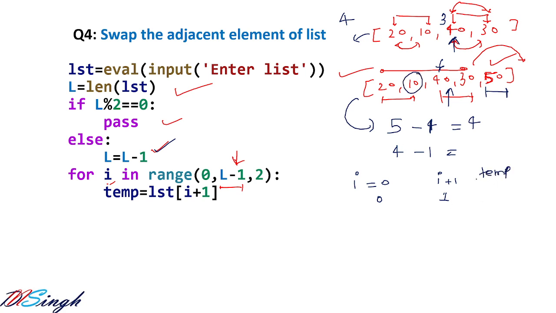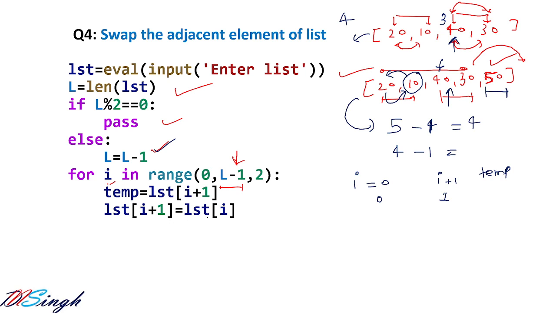Why have we taken list of i plus 1? Because we want to swap this element with this element. Now we will write this 20 at the place of 10, and then we will write 10 at the place of 20. So we have taken a temp variable where i plus 1 has been stored, and then on i plus 1 we have stored i.